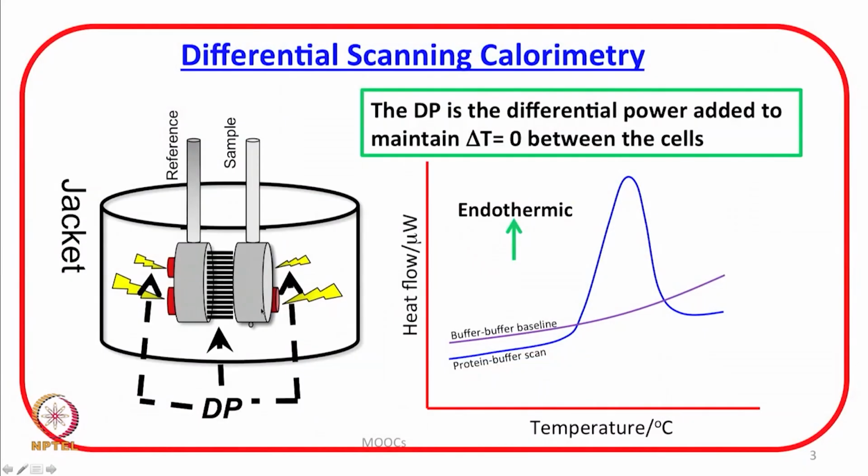You have protein sample here, you have buffer over here. Initially, if there is no transition happening, that means there is no additional power to any of the cells, that dP is equal to 0.